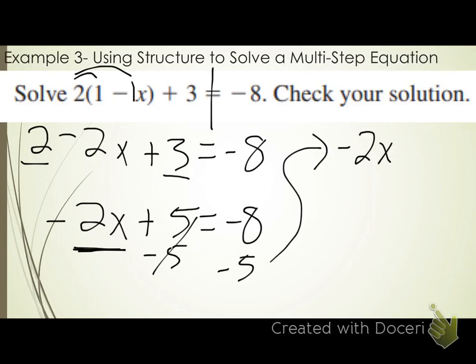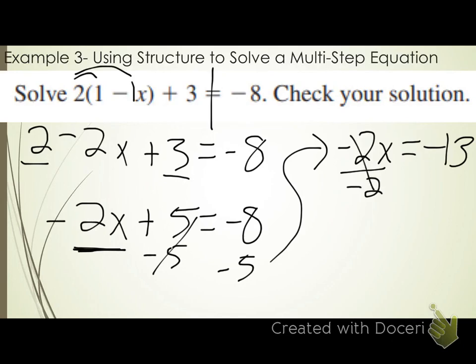So I get negative 2x equals negative 8 minus 5, which gives me negative 13.